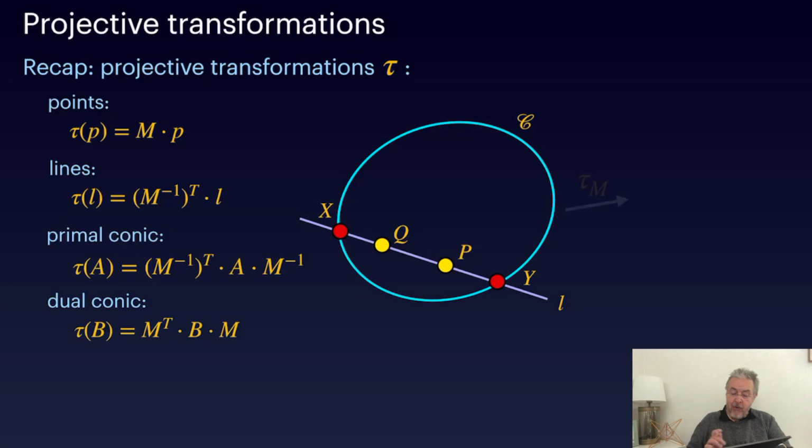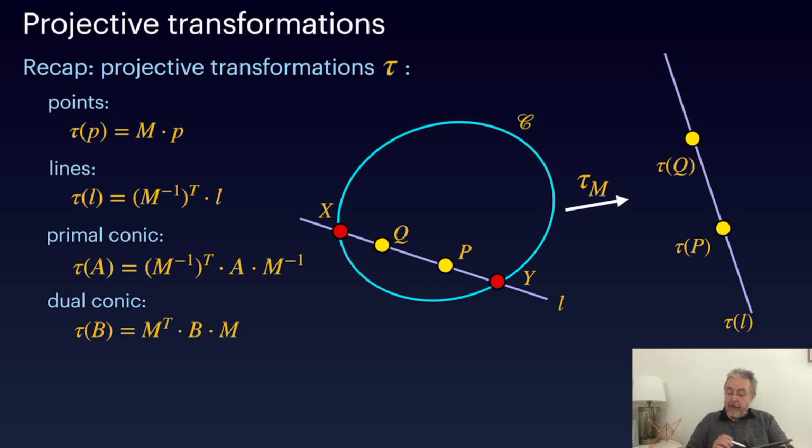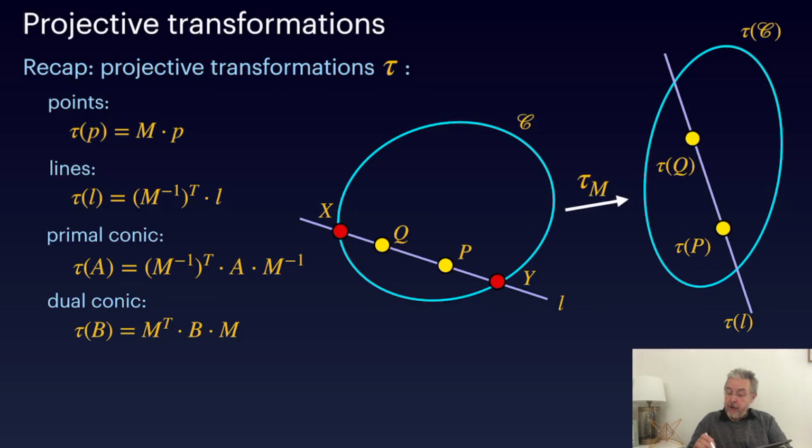And now you map this picture to a situation where, for instance, the 2 points get mapped to 2 new points. Then you immediately know where your line is mapped, because the mapping is defined in a way such that incidences should be preserved.